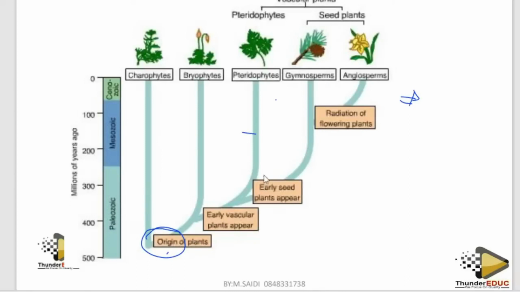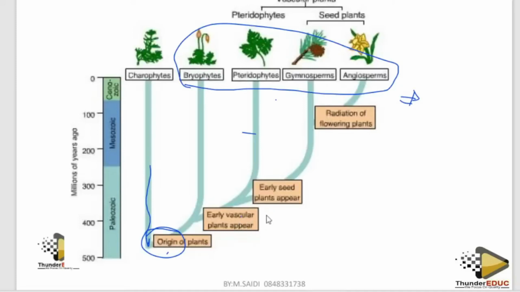So this plant which branched here is the earliest. Early vascular plant appears, meaning that the bryophyte doesn't have a vascular bundle. Vascular bundle is xylem and phloem.